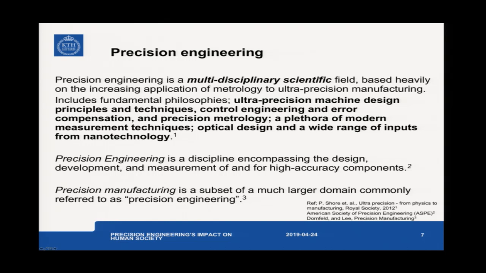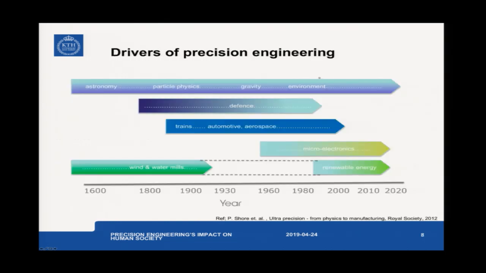There we had to embed a lot of those philosophies about precision. Also looking at wind and water mills, for instance in the Netherlands, where you pumped water and made land livable. It started much earlier, but it was very much perfected at that time.